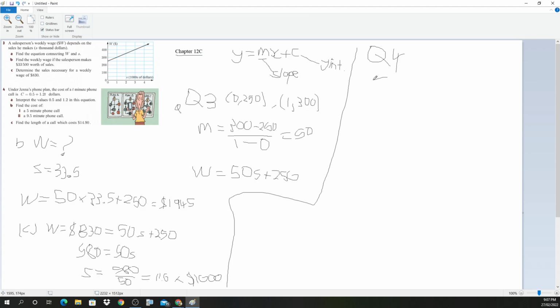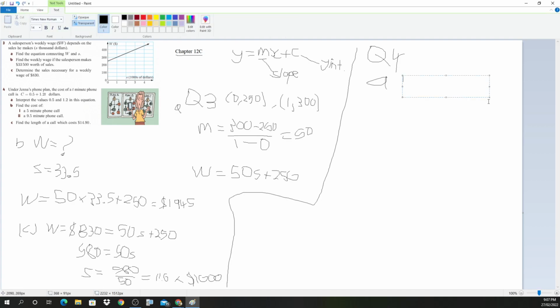I'll say question 4, question 4A. Let's interpret that. I might type this one out for the sake of it, because I'm rewriting in words instead of just symbols. Interpret the value of 0.5. Now, 0.5, and you notice it sits on its own. That is actually the y-intercept. In terms of this, I would call that how much is paid without any minutes.